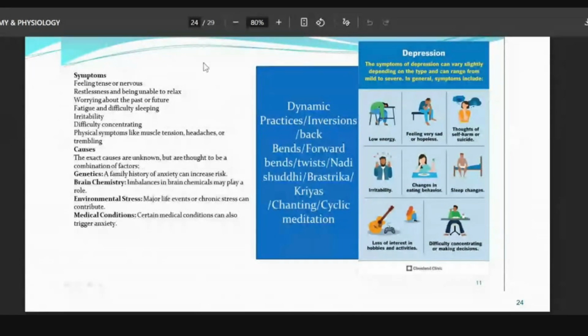And then this anxiety, that means everything is like they are on the edge, they are feeling restless, there is high palpitation, worry hai future ka, they are not living in the present, they are either thinking about the past or about the future. Because of that there will be sleep issues, fatigue, concentration nahi hoga, tension headaches bahut zyada hongi, there can even be migraine, they can have constipation.